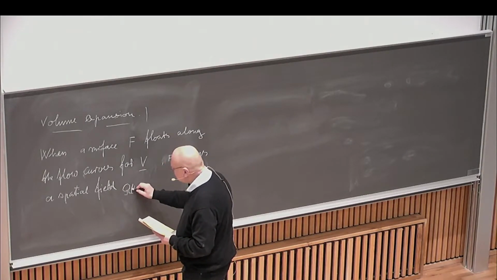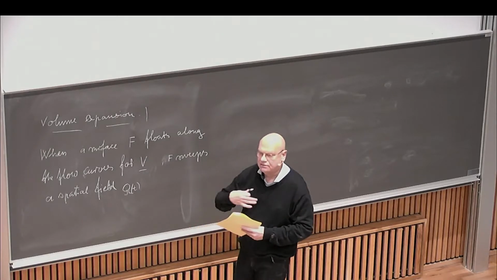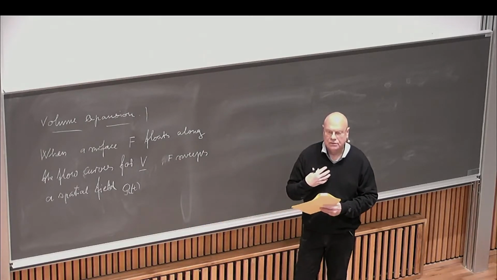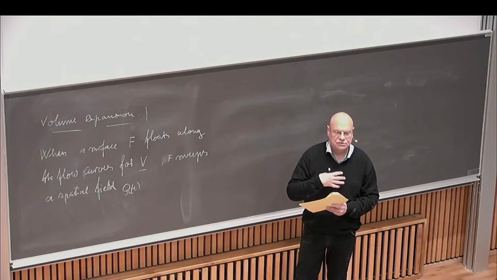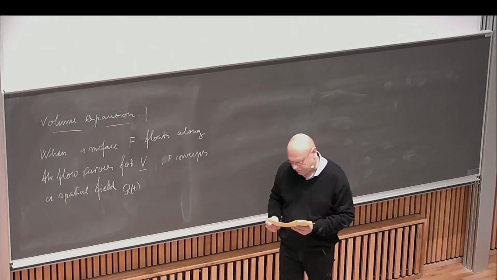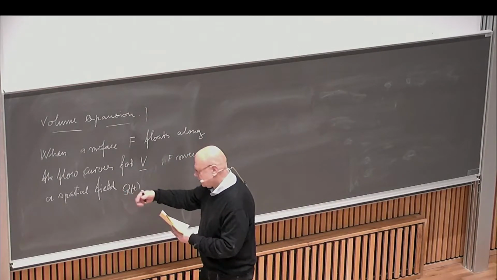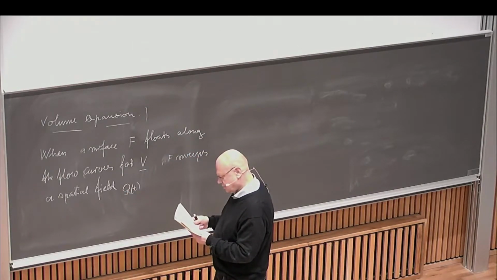But now this is dependent on time. You're looking at flow curves, and you are going from time 0 to an arbitrary point in time, and then you look at this solid that is swept.